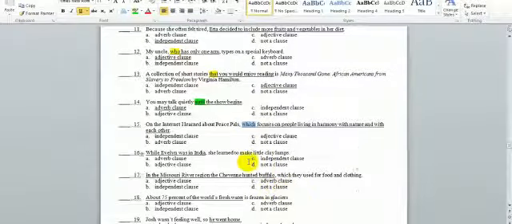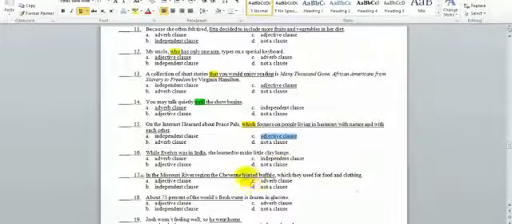Then I will highlight it with the yellow, and the whole clause will be adjective or adverb? It is an adjective clause. So what focuses on people living in harmony with nature and with each other? It is peace pause.